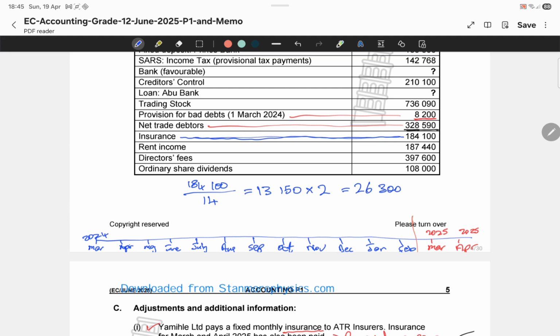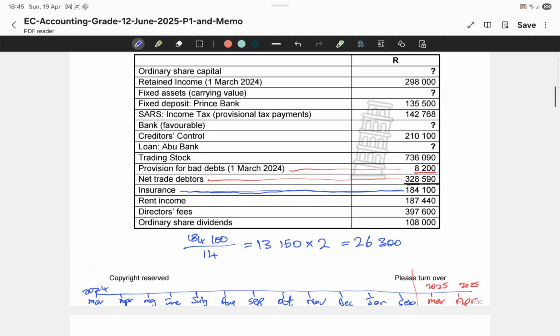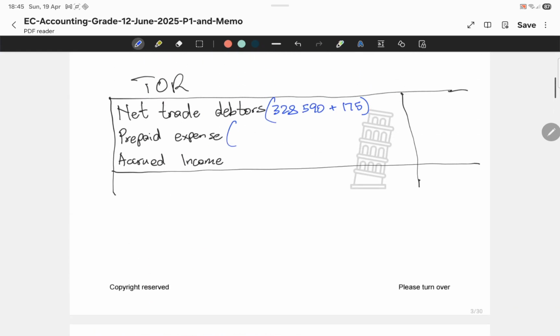Okay, now when you go to your note, you can either add this amount. You can take this whole equation, okay? You can take this whole calculation from 13,000 multiplied by 2 equals 26,000 and plot it here.